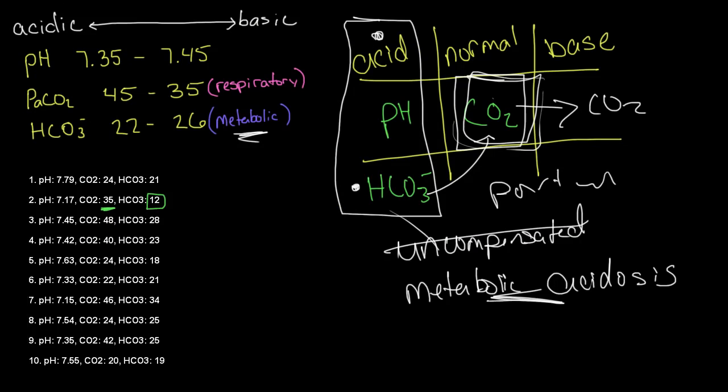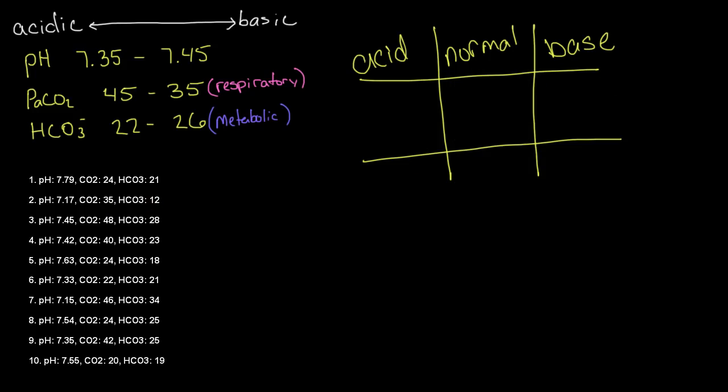Let's get rid of this. Number 3. The pH is 7.45. This is normal, so pH goes in the normal column. Our CO2 is 48, which is outside of this range, it's more acidic. So we write down our CO2 in the acid column, and our bicarbonate is 28, which is also abnormal.